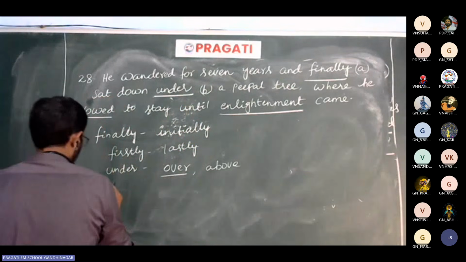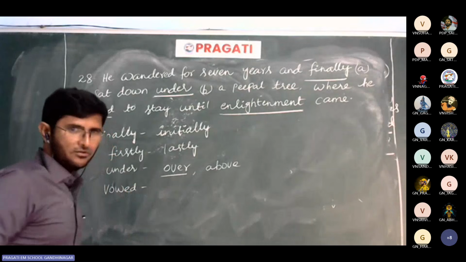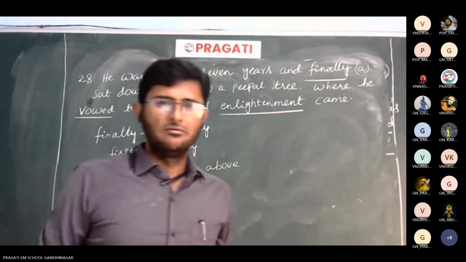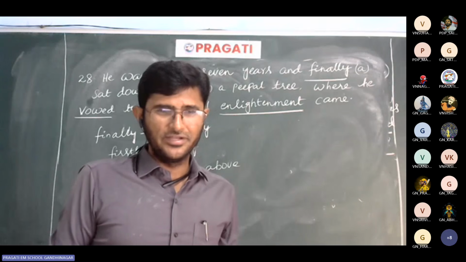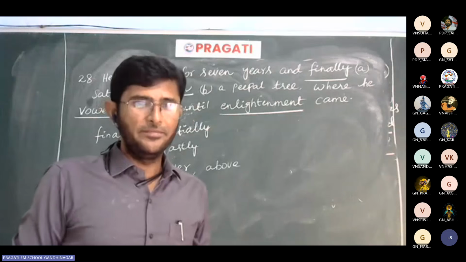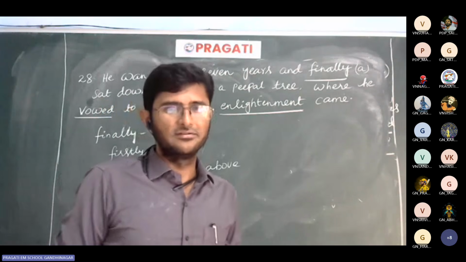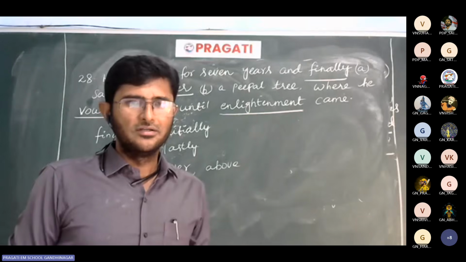The next one, vowed. So what is the meaning of vowed? Vowed means taking a strong resolution, being determined to do something by strong resolve. Okay. So having a strong resolve is called vowed.